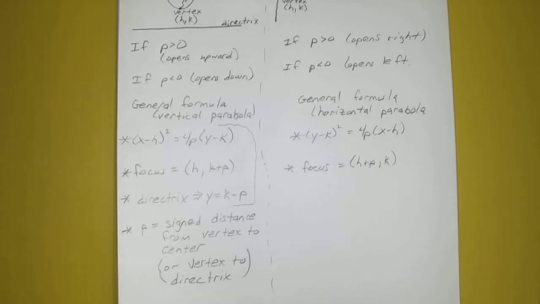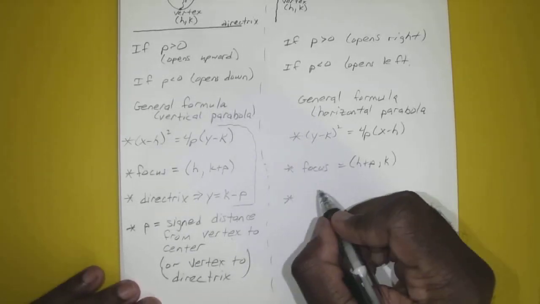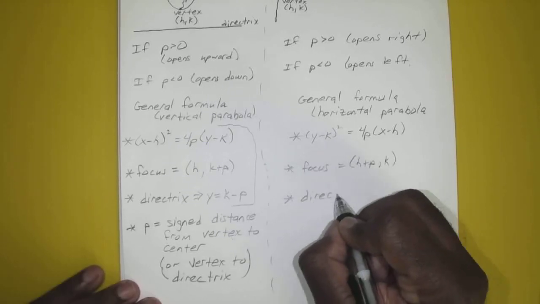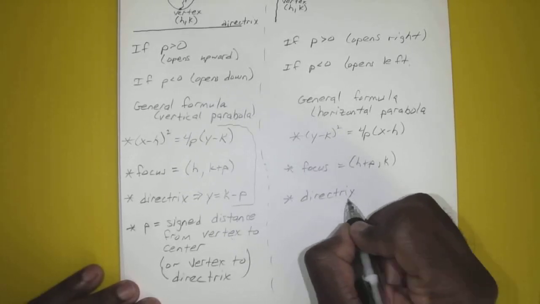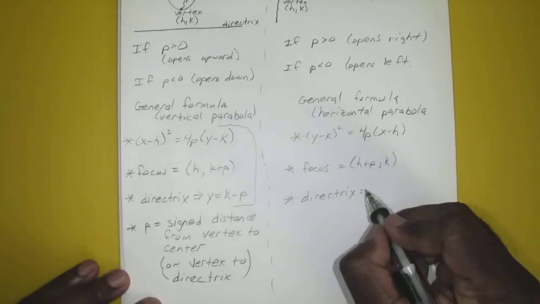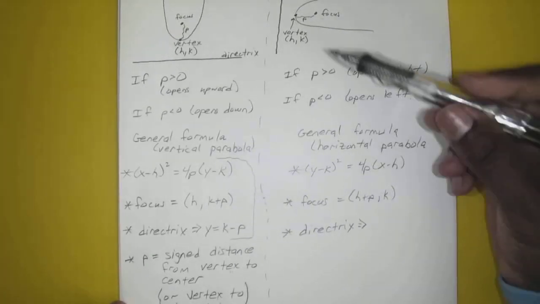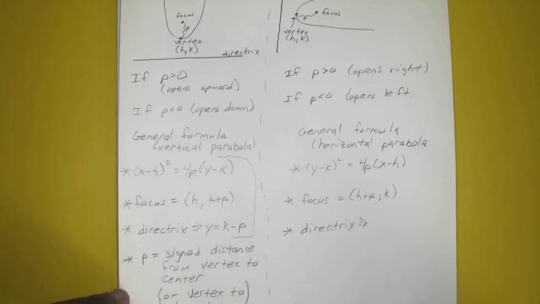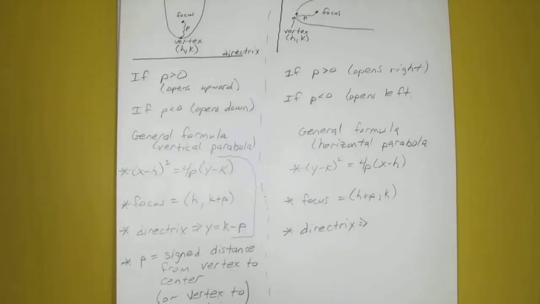Okay, so it'll be the same thing with our horizontal. But for this one, our directrix, you notice that's a vertical line. So that's going to be x equals something.